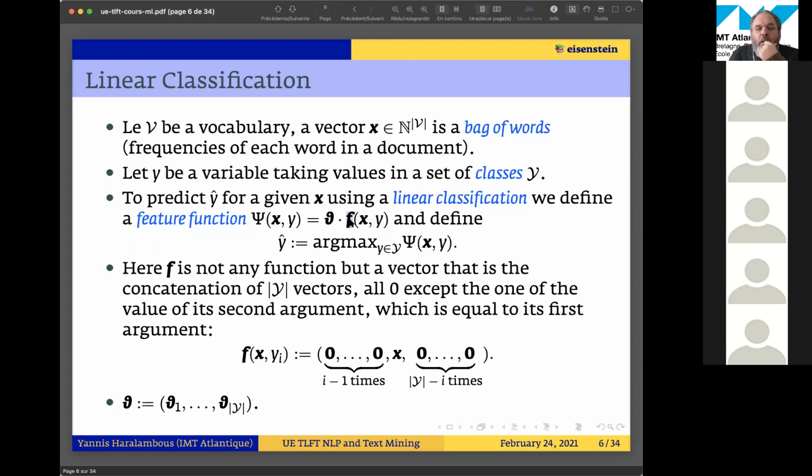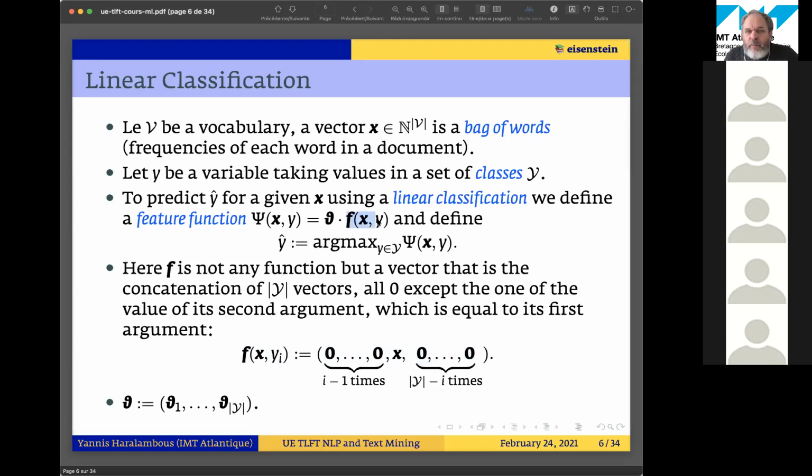I don't know why it should be called f, but this is how it's written. And this is not just any function f, it's a very specific function where you have a lot of zeros, an x, so the vector x, and again zeros. So f is identity in part of the vector and 0 in the rest. So which part of the vector is identity? It's the part that takes the value of y.